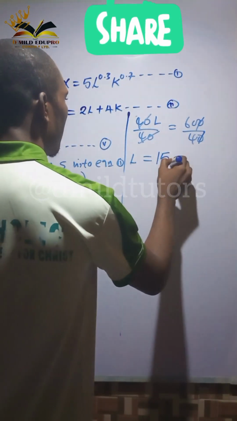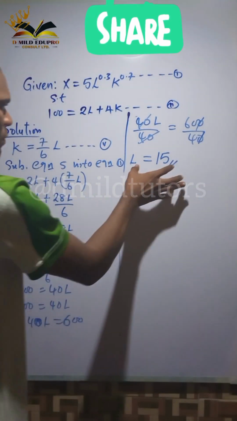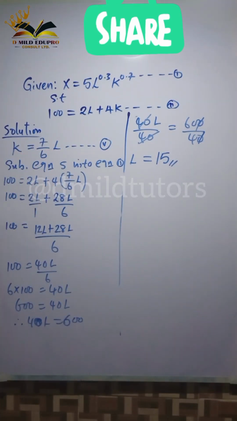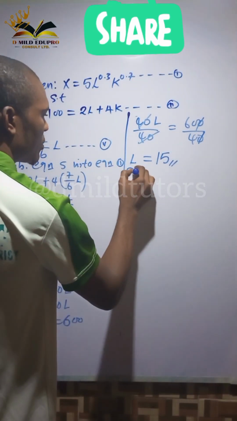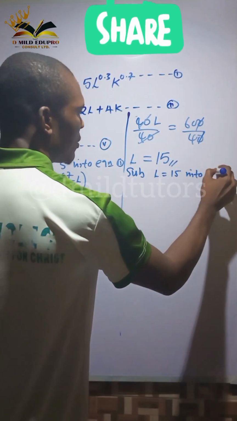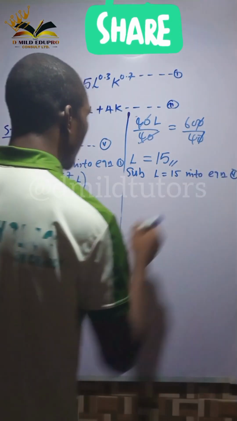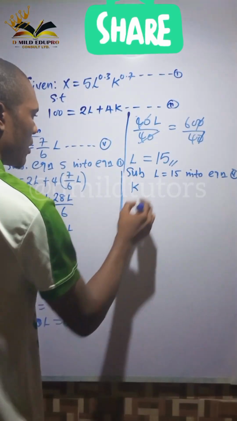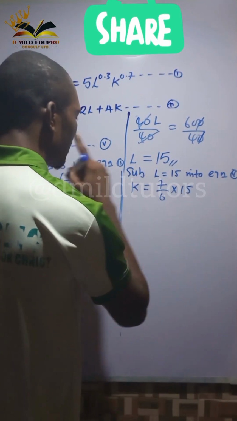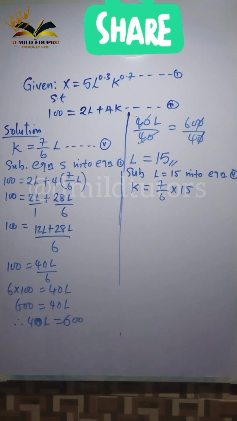So our L is equal to 15. Now that we've gotten 15, we substitute this L into equation 5. So substitute L equals 15 into equation 5. All right. So we now have K equals 7 over 6 times 15 because our L is now 15.